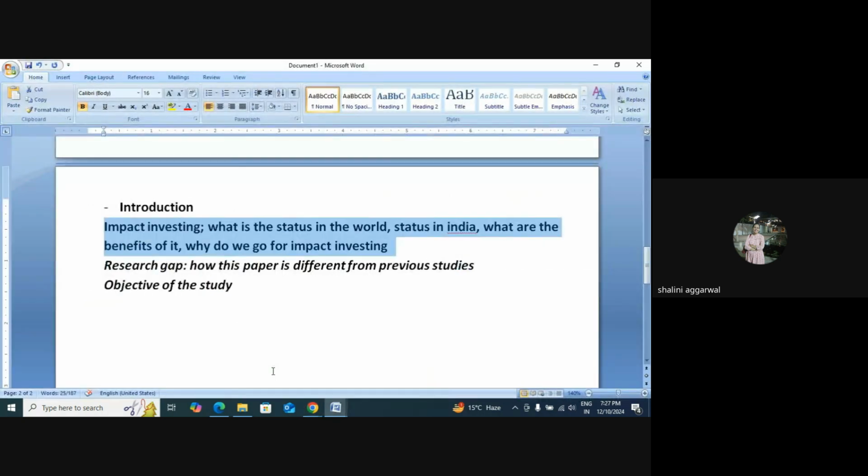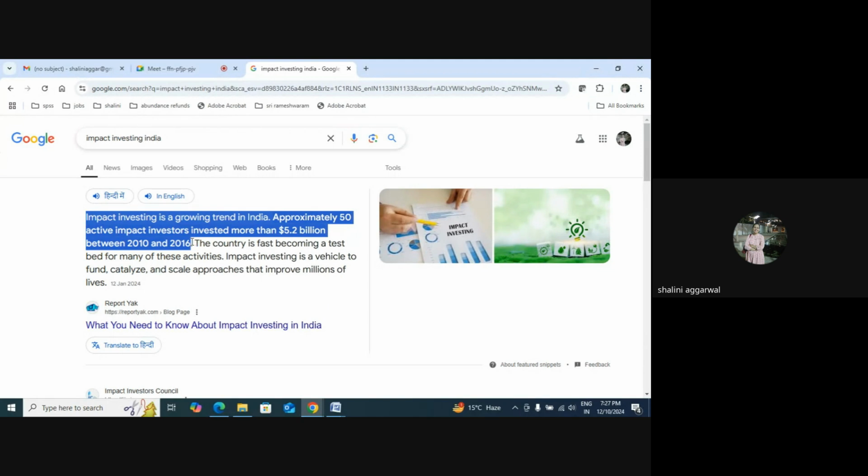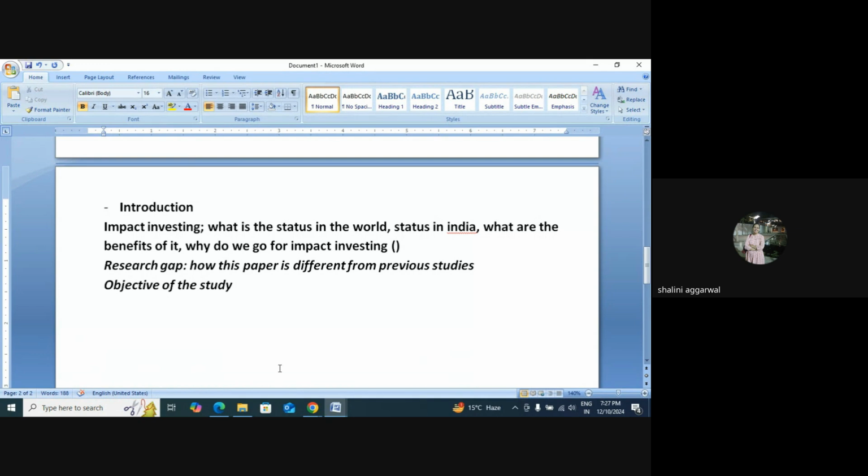Here, in-text citations. What is an in-text citation? It is where you have got this from. Let's say you have written this information, and I have taken this information and put it into my paper, of course by removing the flag. So let's say I have written this statement in my introduction part.